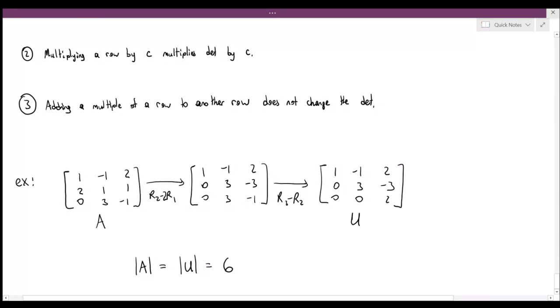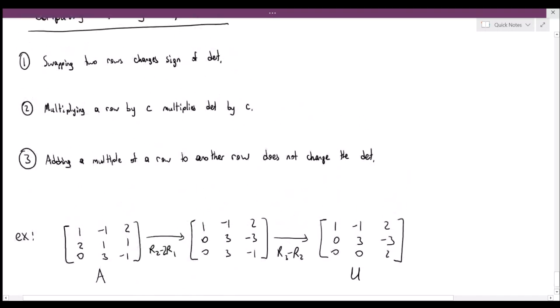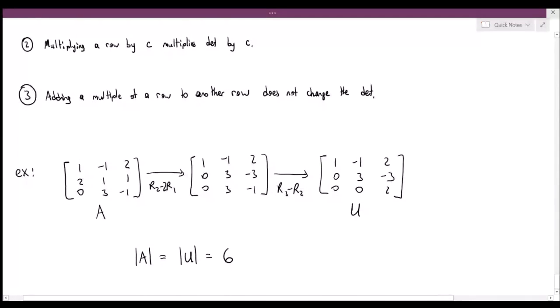Now, something that you do want to keep in mind is if you perform some of these other two operations, then you do need to be careful about how the determinant has changed since you performed those operations. That is also going to be true if you are able to find an LU factorization of a matrix A, which you can't always do.